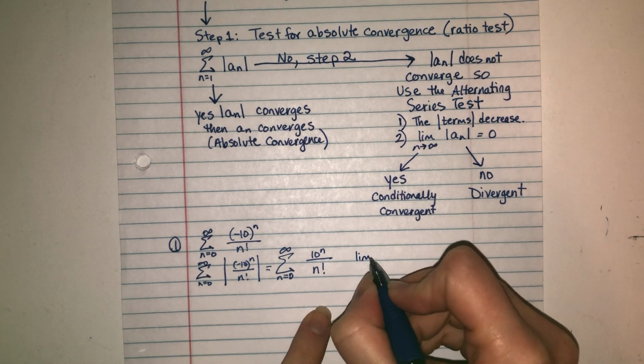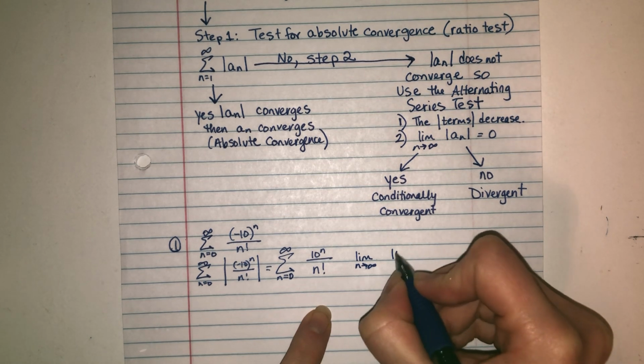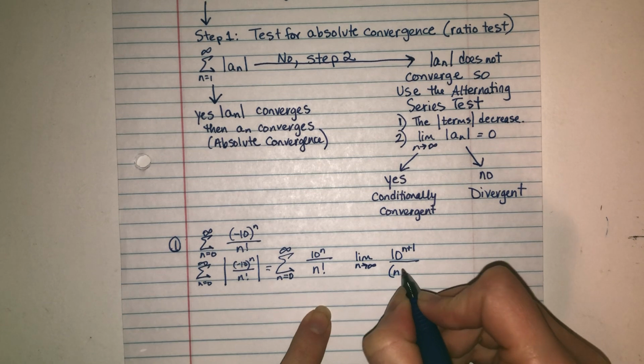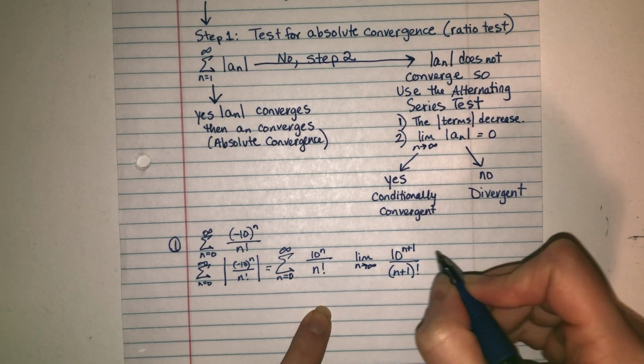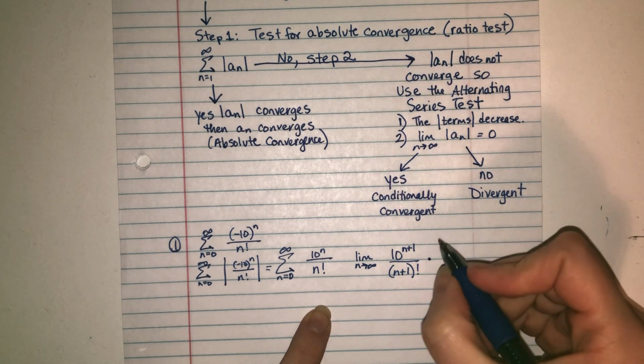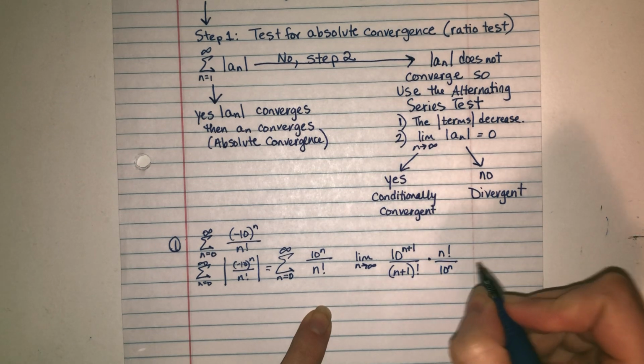So we're going to look at the limit as n approaches infinity of 10 to the n plus 1 over n plus 1 factorial, divided by the original, but I'm going to multiply by the reciprocal, n factorial over 10 to the n.